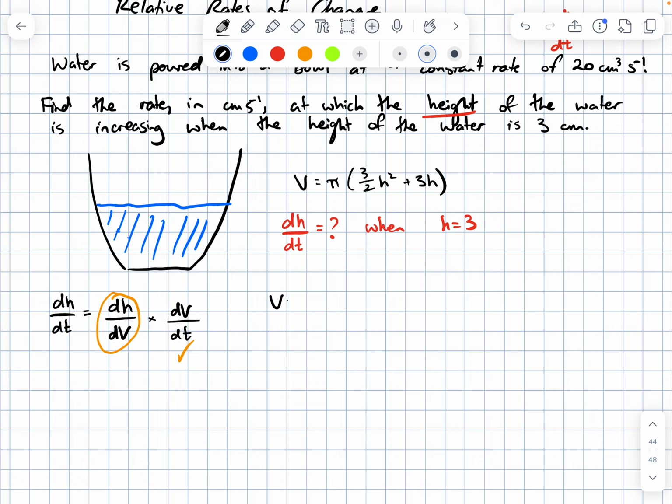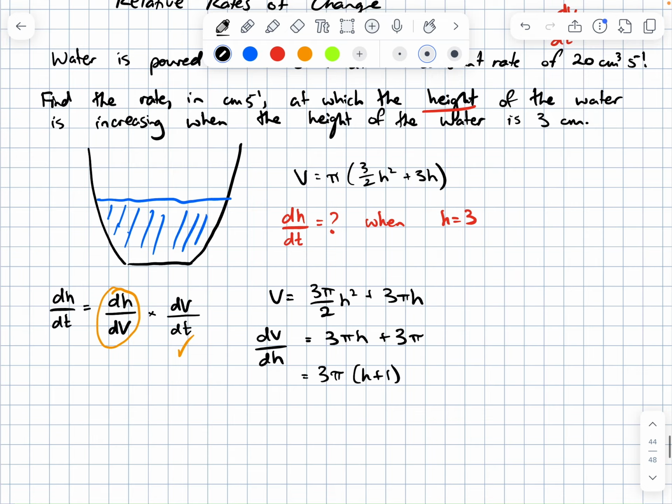I'm just going to slightly expand that, bring the pi out. That's 3 pi over 2 H squared plus 3 pi H, and differentiate. dV dH is equal to, bring the 2 in front, we get 3 pi H plus 3 pi. 3 pi's are common, leaving H plus 1.